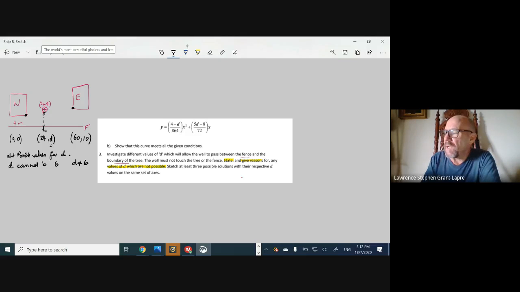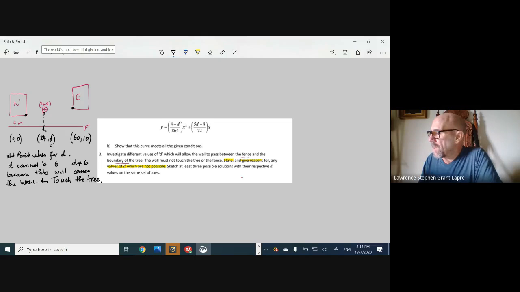Give reason. Why D cannot equal 6? Because this will cause the wall to touch the tree. And we can't have that, all right?